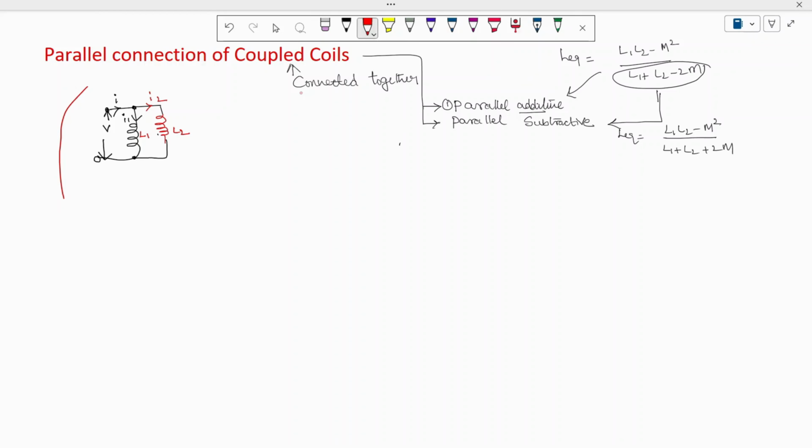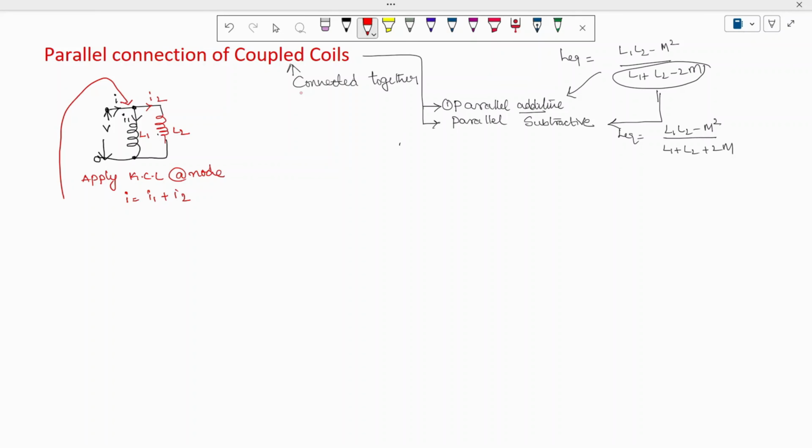So let's try to apply Kirchhoff's current law at the node. When you apply Kirchhoff's current law, the entering current I is equal to I1 plus I2.